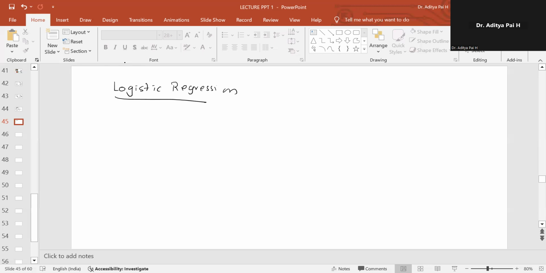Consider a given input X, which is an input image, and we want an algorithm that outputs y hat, which is nothing but the predicted output, or you can say the estimated output of y.